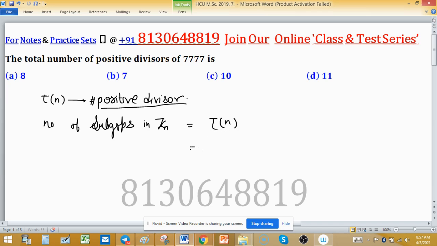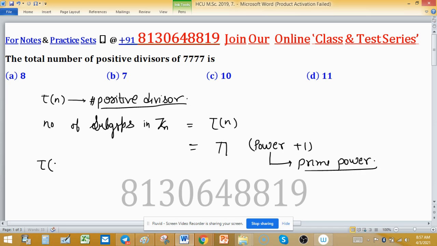Tau n is the product of the powers plus 1, where these powers are the prime powers. You will understand better by this problem, where we find tau of 7777, which is 7 times 1111.